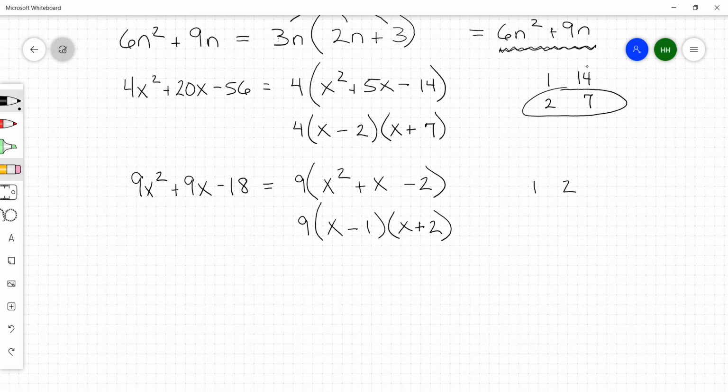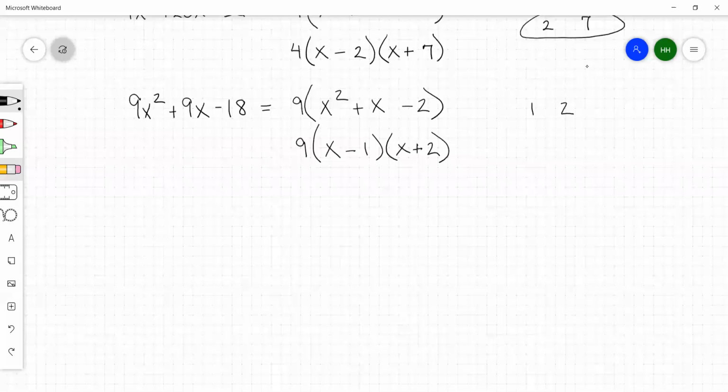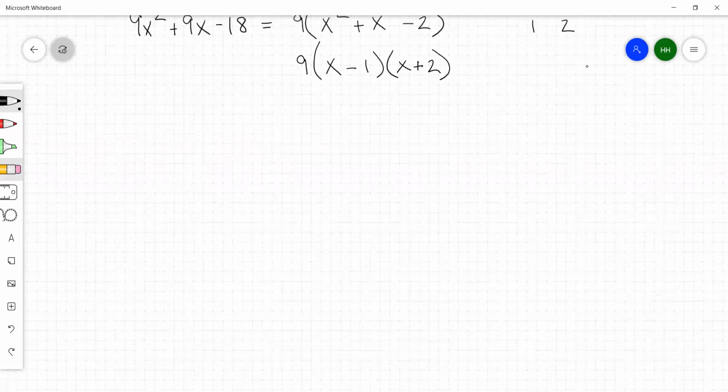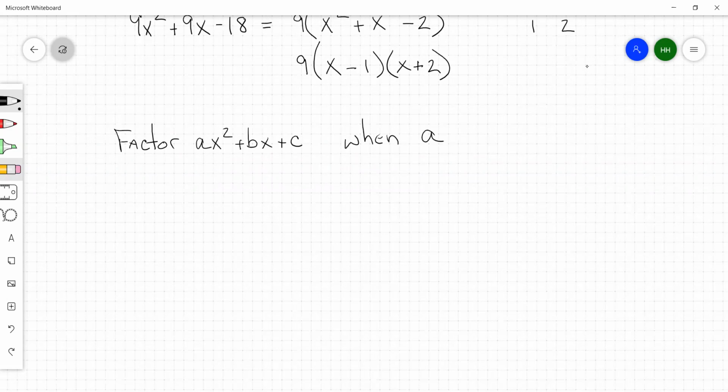So in everything so far that we've factored, our a value, our number in front of the x squared, has been 1. Now we're going to factor ax squared plus bx plus c when a is not equal to 1.